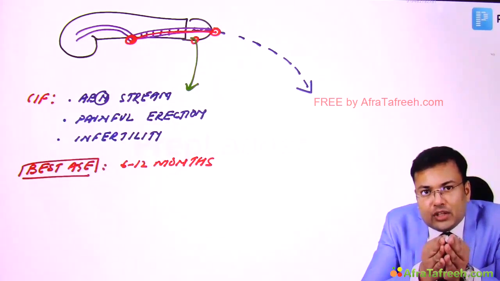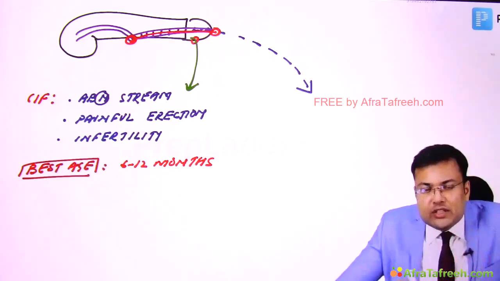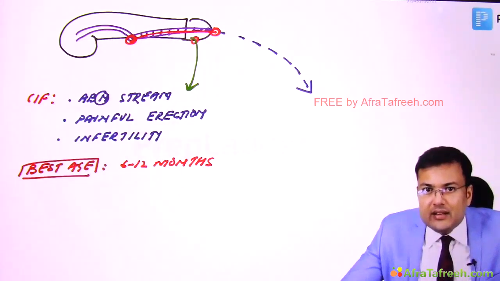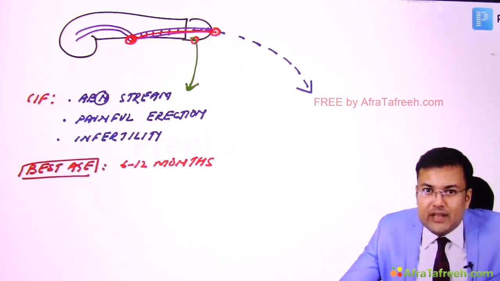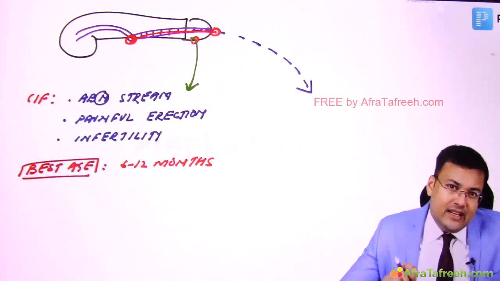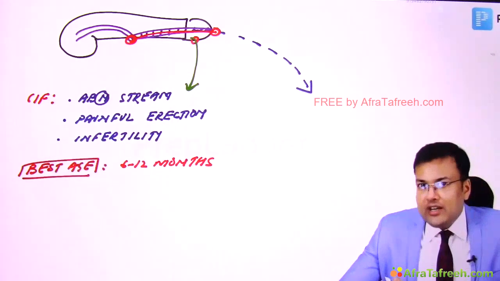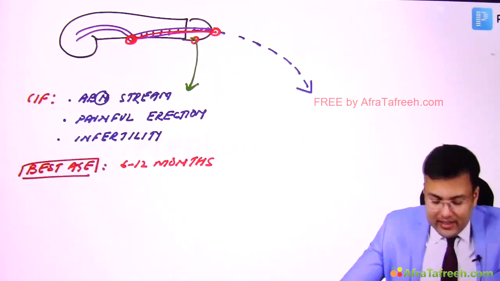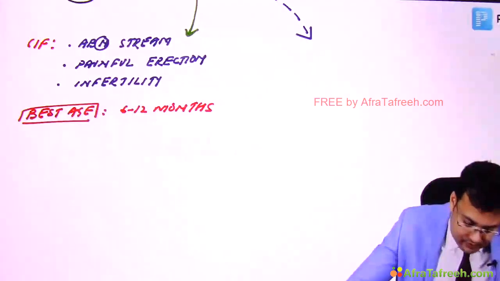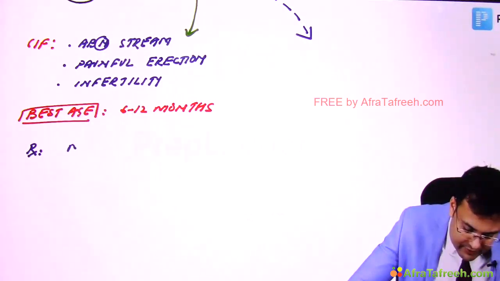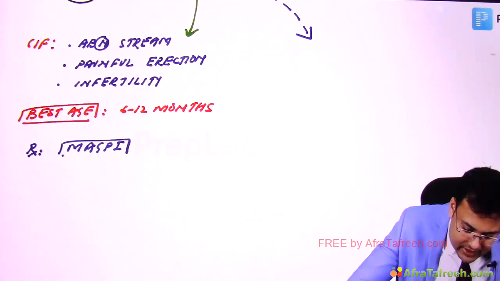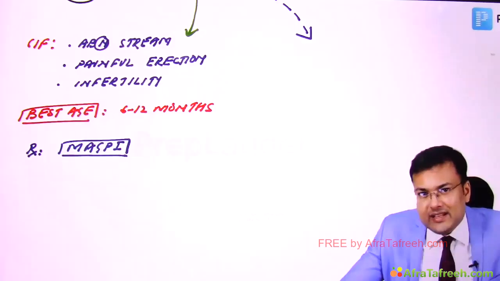And generally both of these are performed together, so this is known as integrated. So meatal advancement, glanuloplasty integrated, and in short it is known as MAGPI. So what's the treatment? Generally we perform MAGPI, meatal advancement, glanuloplasty integrated.